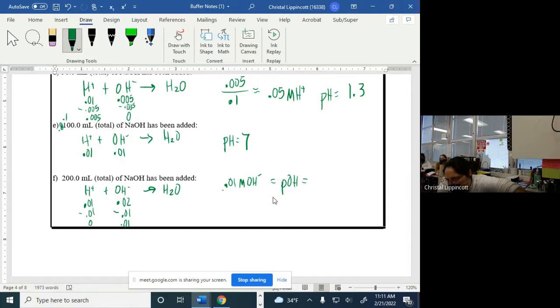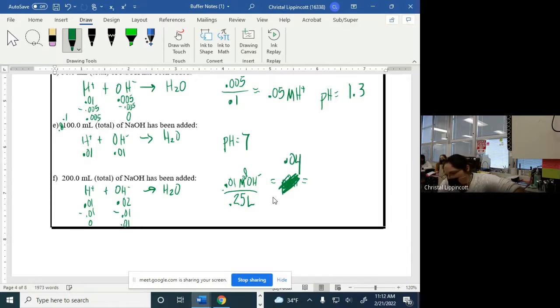Oh, here's my problem. 0.01 divided by 0.25, that's going to equal 0.04.